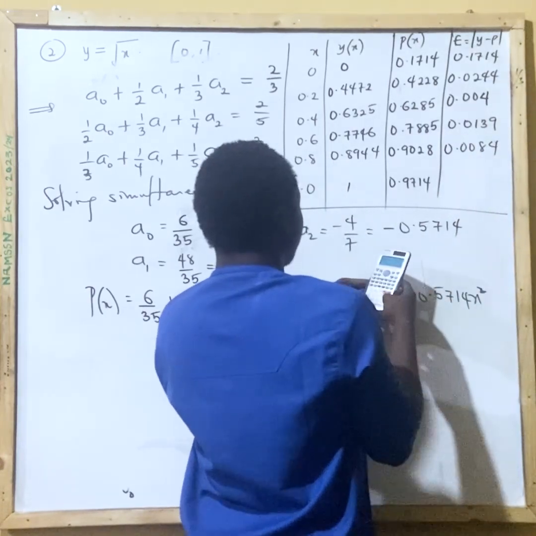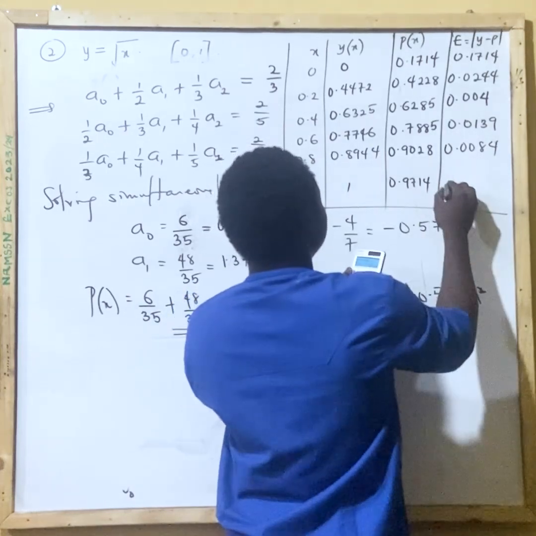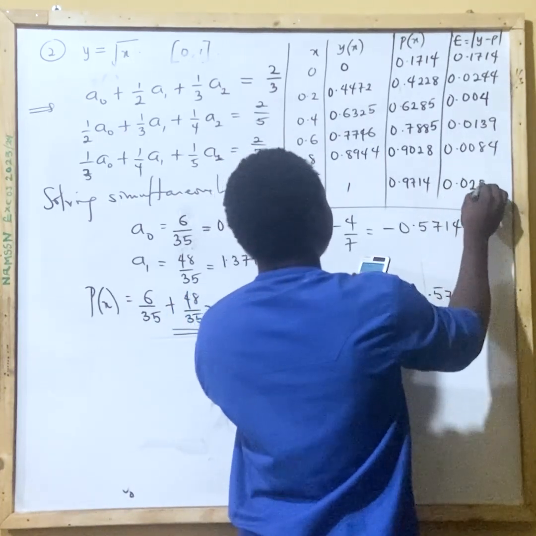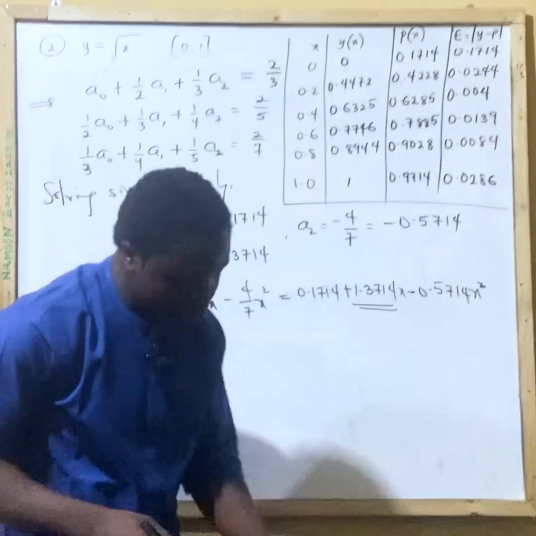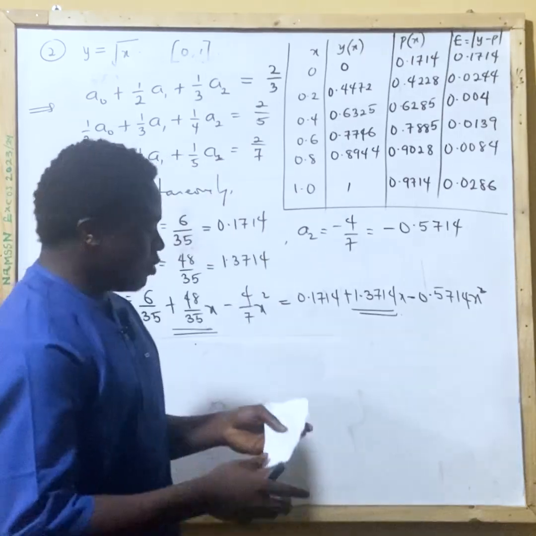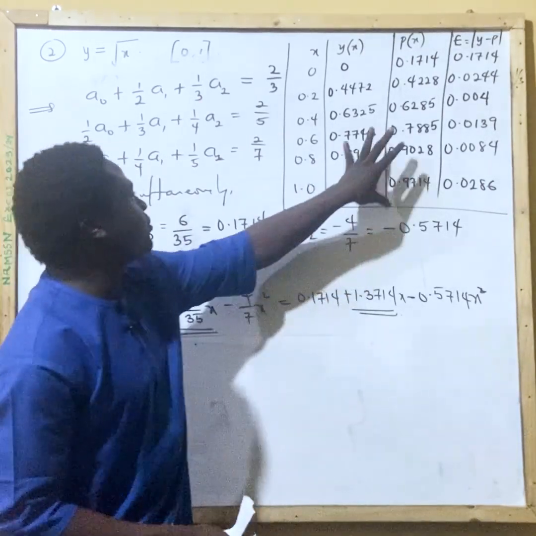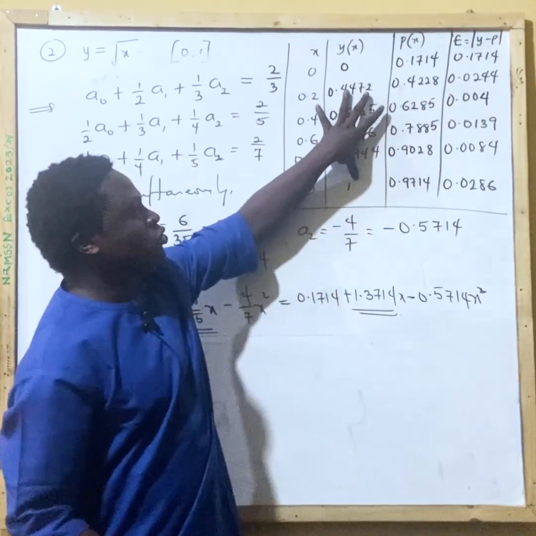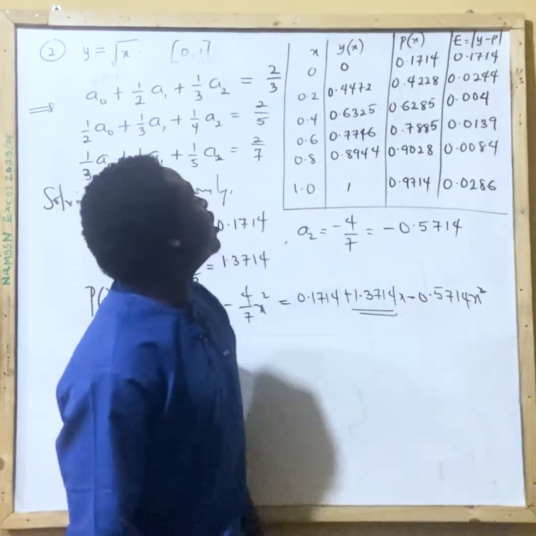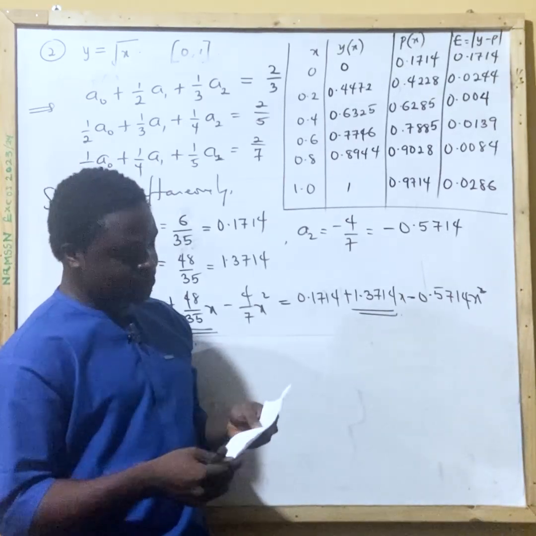Then I have this to be 1 minus 0.9714, which is 0.0286. So by doing this, I've compared the least square approximation with the exact solution. This is the least square approximation, and then this is the exact solution, and I've gotten the error using the quadratic approximation. So that answers that part.